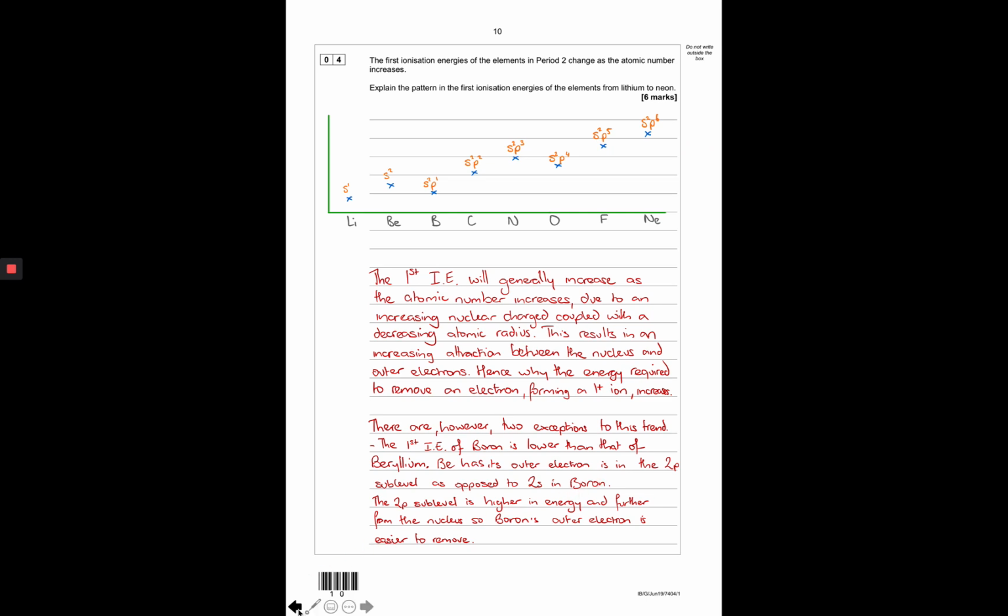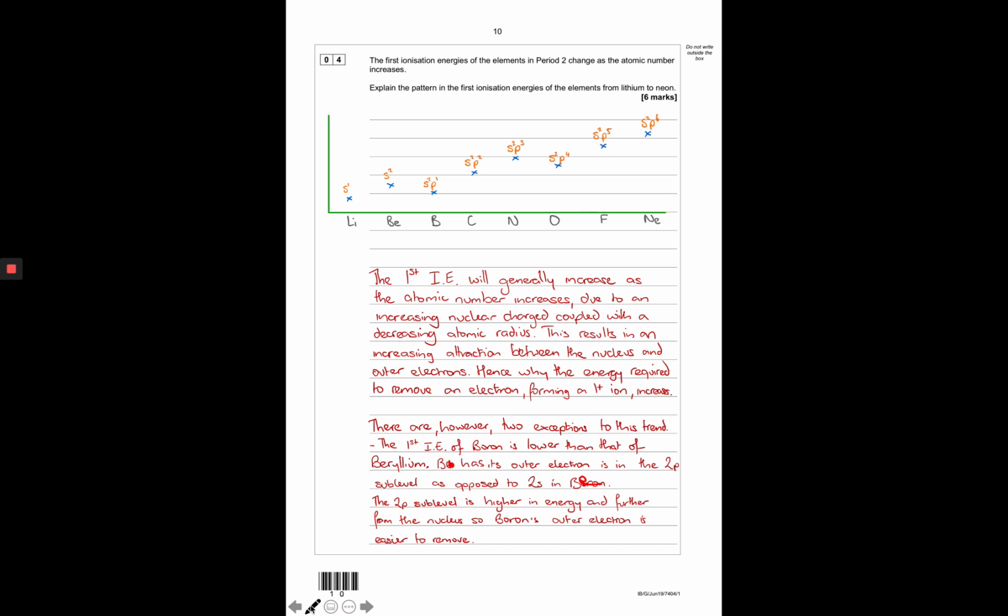Sorry, I've got that a little mixed up there, haven't I? So it's boron that has its outer electron in the 2p sublevel, and beryllium that has it in the 2s sublevel. Sorry about that. So that's a statement. That will be one of the marks.